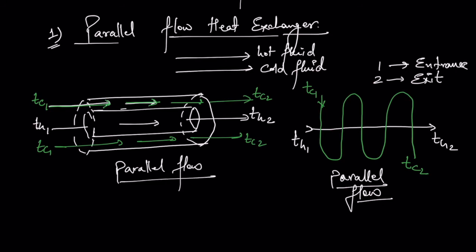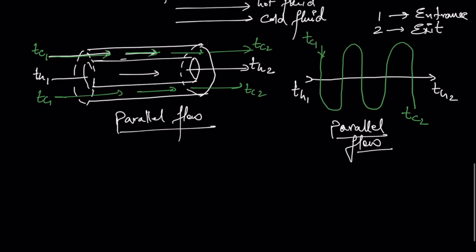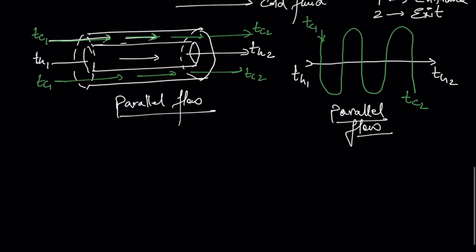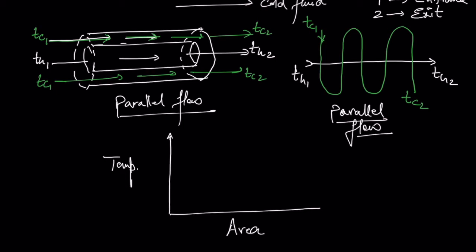Okay, and if you want to draw the temperature distribution, suppose this y-axis is temperature and this is area. What do you mean by area? Area is the surface area.